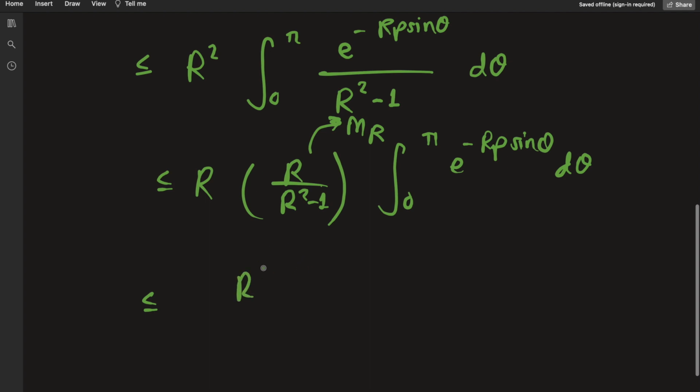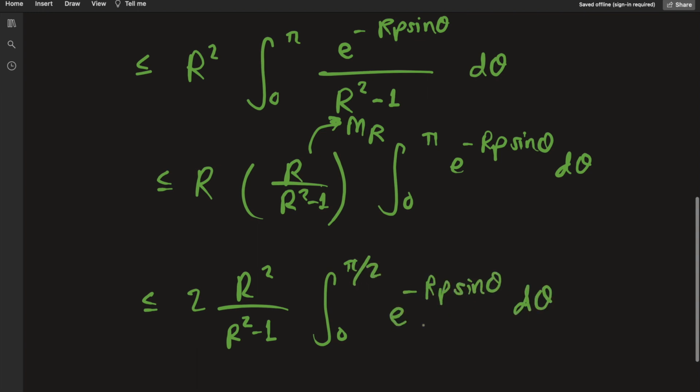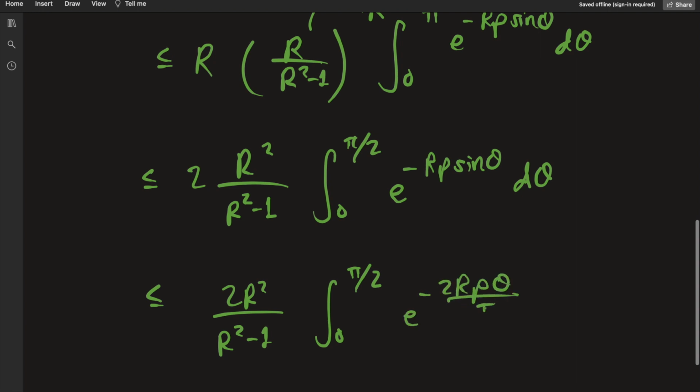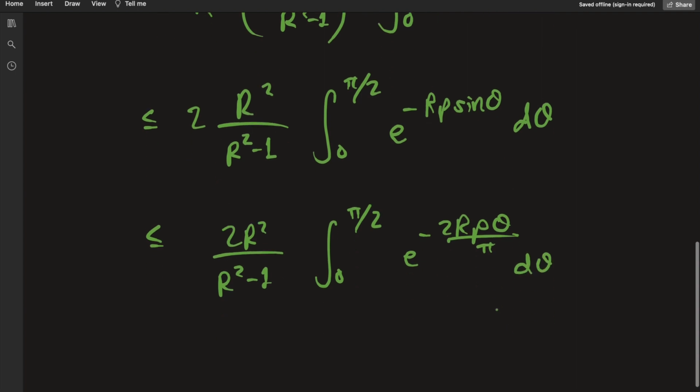Okay, so r squared over r squared minus 1. Now I'll have to use symmetry, so we have 2, and then the interval is split, becomes 0 to pi over 2 of e to the negative r p sine theta d theta. And now using Jordan's inequality, we have 2r squared over r squared minus 1 times the integral from 0 to pi over 2 of e to the negative 2 r p theta over pi d theta.